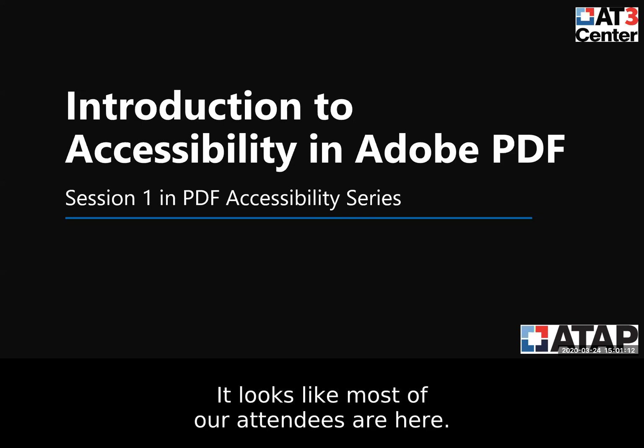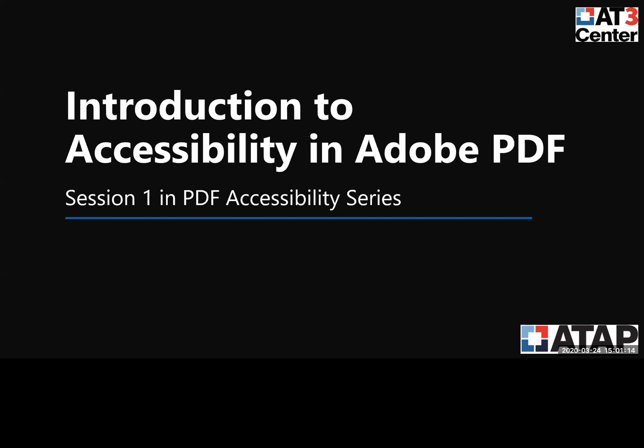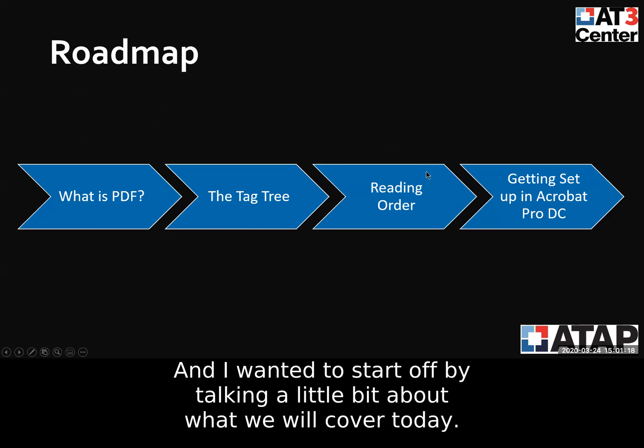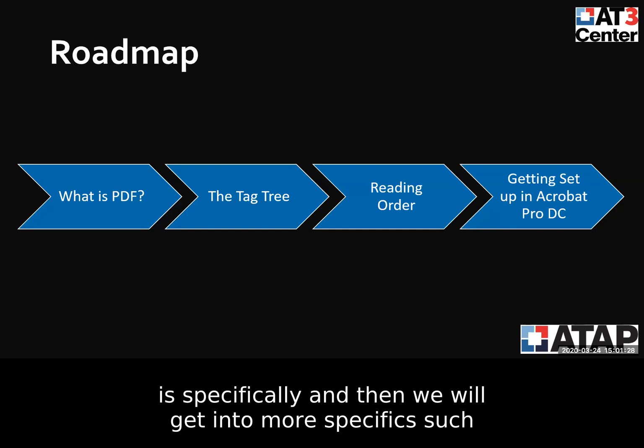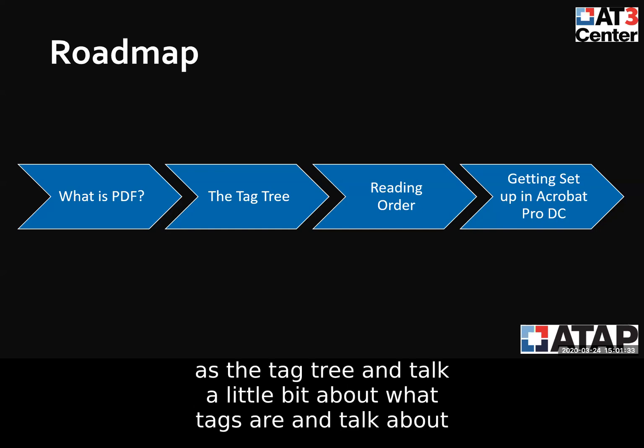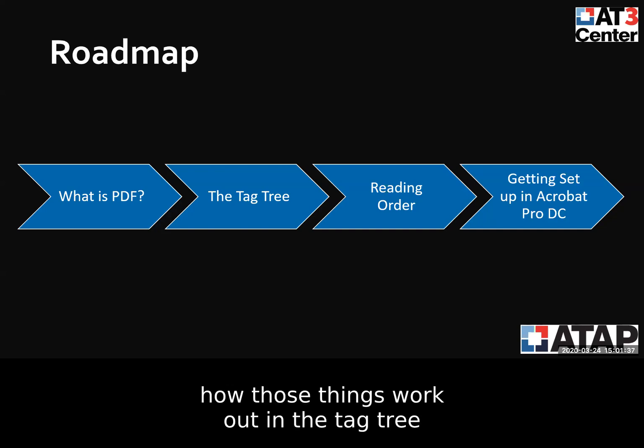It looks like most of our attendees are here. I wanted to start off by talking a little bit about what we'll cover today. First things first, we'll talk about what a PDF is and what an accessible PDF is specifically. Then we'll get into some more specifics, such as the tag tree, and talk about what tags are and how those work out in the tag tree.